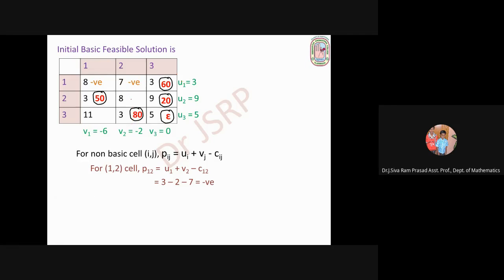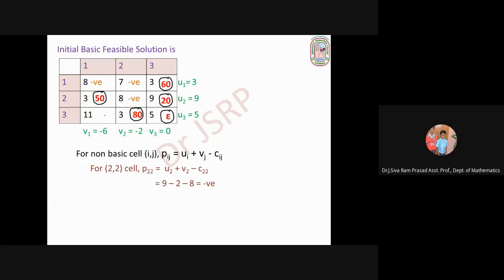Next, for the 2 2 cell, this cell, the corresponding U value U2 plus V2 minus the cost 8. Okay, so 9 minus 2 minus 8. So 9 minus 10, which is minus 1, clearly it is negative. Right, here negative.